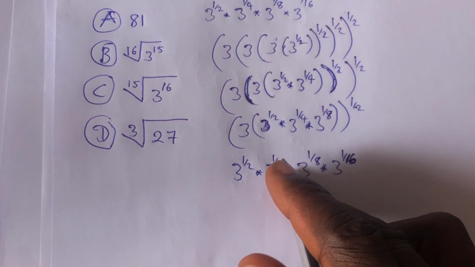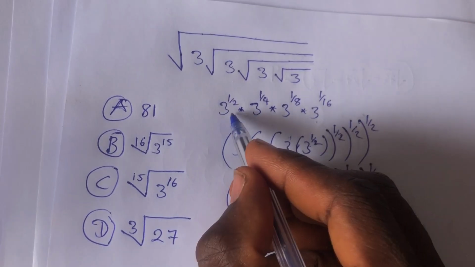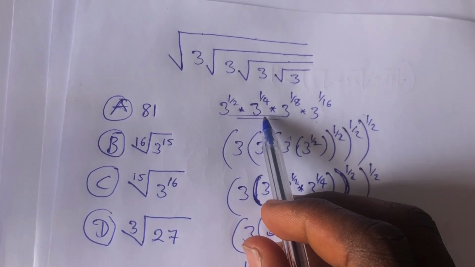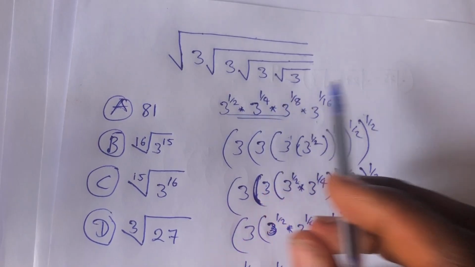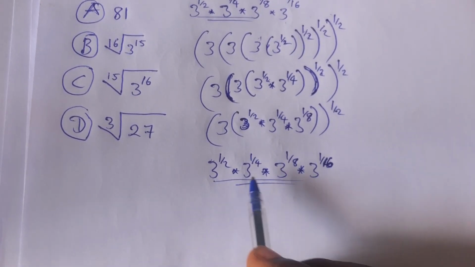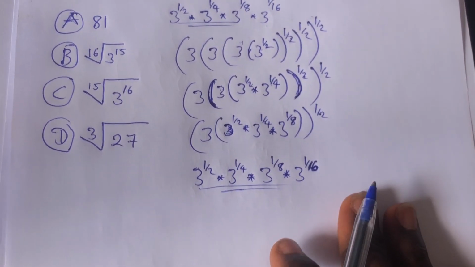And we got the same answer as we got here earlier. So if you can do this easily, it's a much faster way to do it, but if you are not getting it, you can do it line by line to get to the same answer.